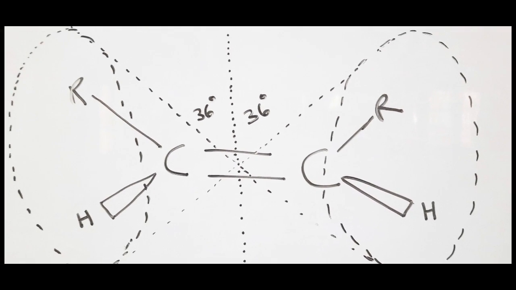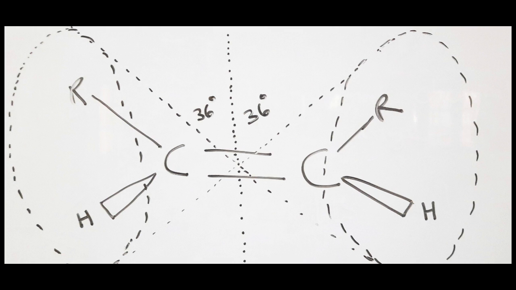Choose the center point. A perpendicular axis is drawn through the center point. With reference to that axis, if you draw two cross lines at an angle of 36 degrees, then you get two cone-shaped structures.